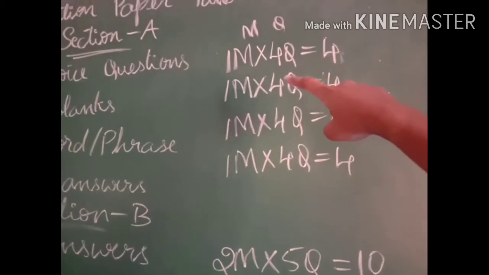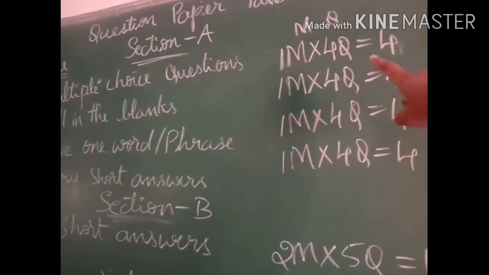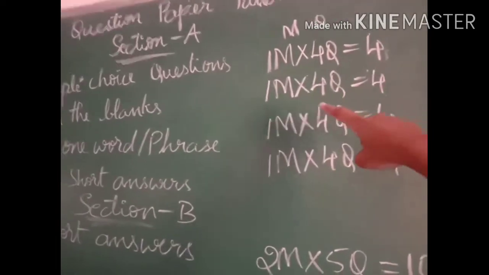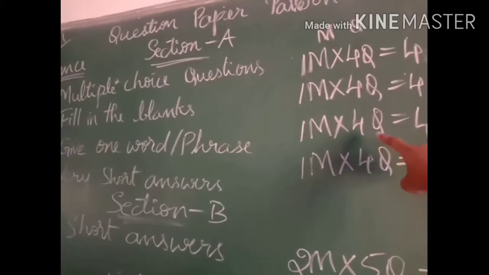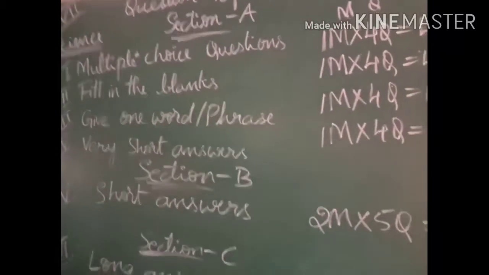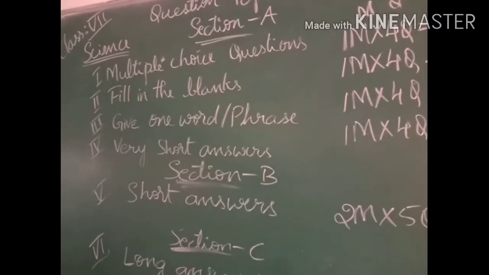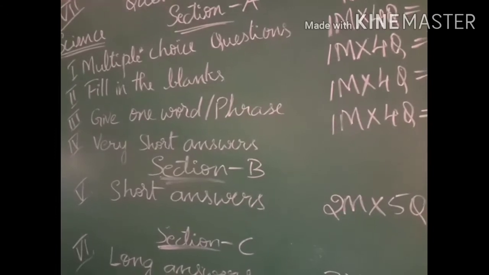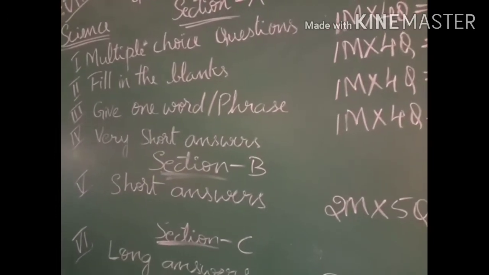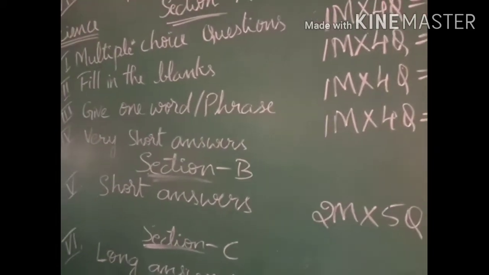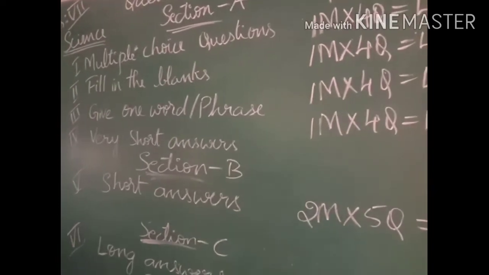There are 4 multiple choice questions of 1 mark each, 4 fill in the blanks, then 4 give one word or phrase, which means they will give one sentence related to that and you have to give one word. Then very short answer, which means you have to answer in 1 or 2 sentences or within 1 or 2 words.